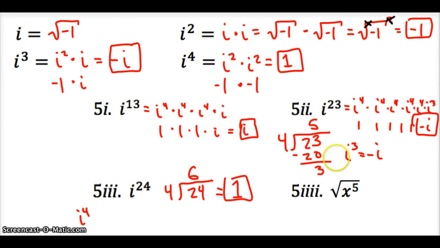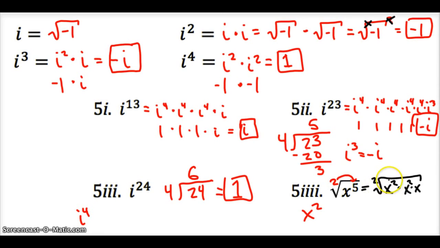And finally, I know this isn't an imaginary number, but it's the square root of x to the fifth. Let's pretend that there is a 2 right above this square root. Well, this 2 goes into that 5 2 times, so I'm going to pull that out. But remember, it's an exponent, so it's going to be x squared. Now, what does this mean? Well, this means that I have this square root with that little 2 right there of x squared times x squared times x.